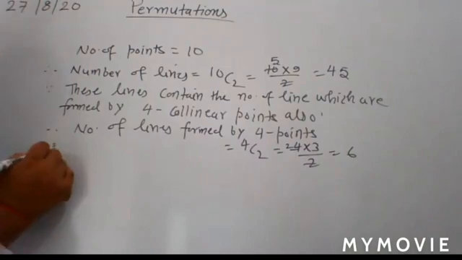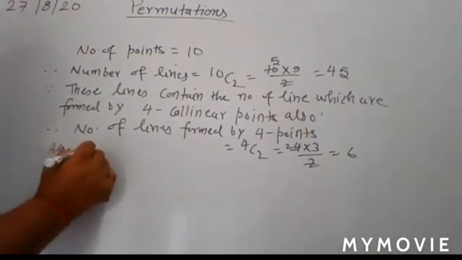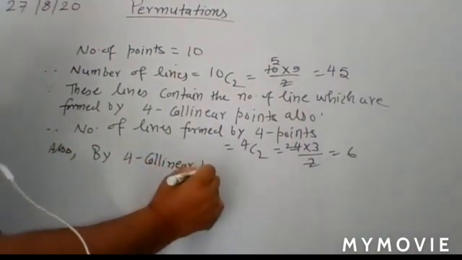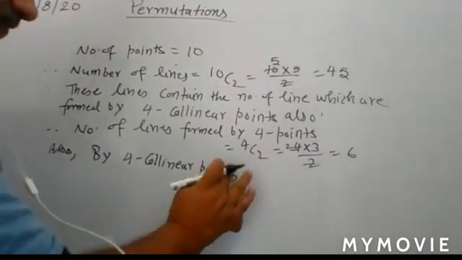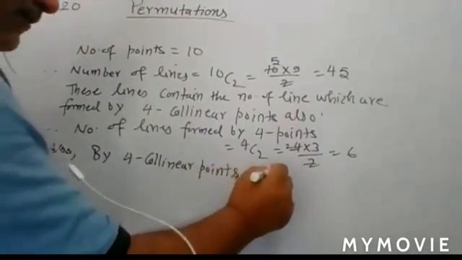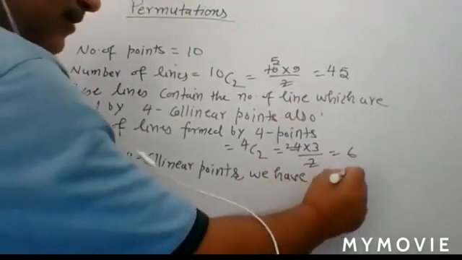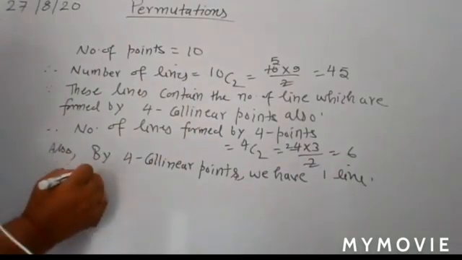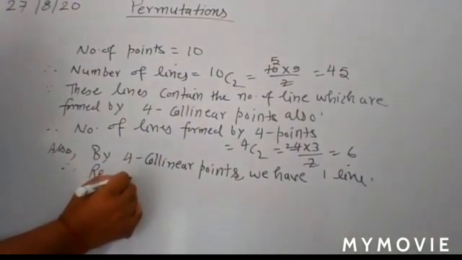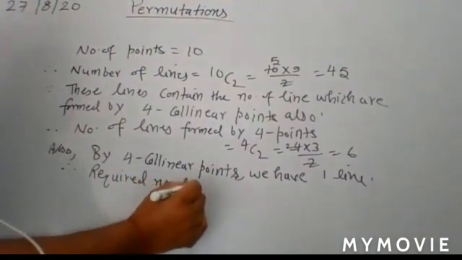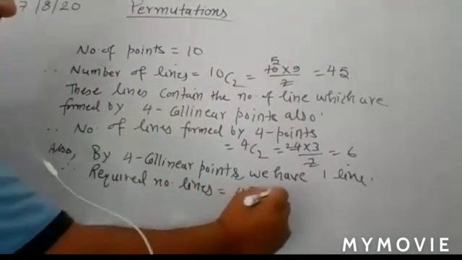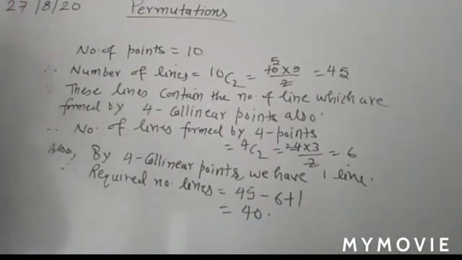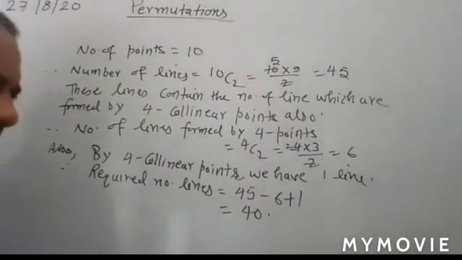You can write also, by 4 collinear points we have 1 line. So 1 line is also there, which is to be added back. So write: required number of lines is equal to 45 minus 6 plus 1, and your answer is 40. In this way, you express your solution.